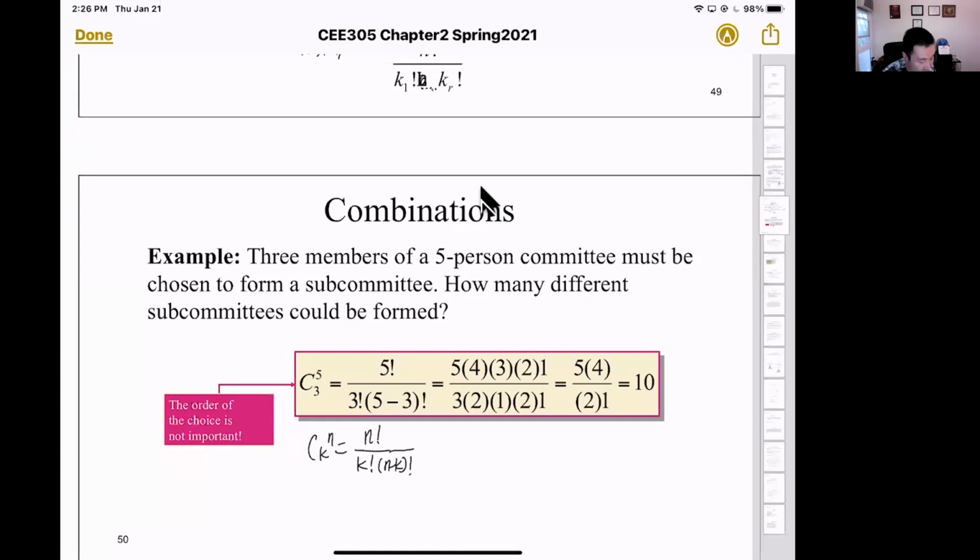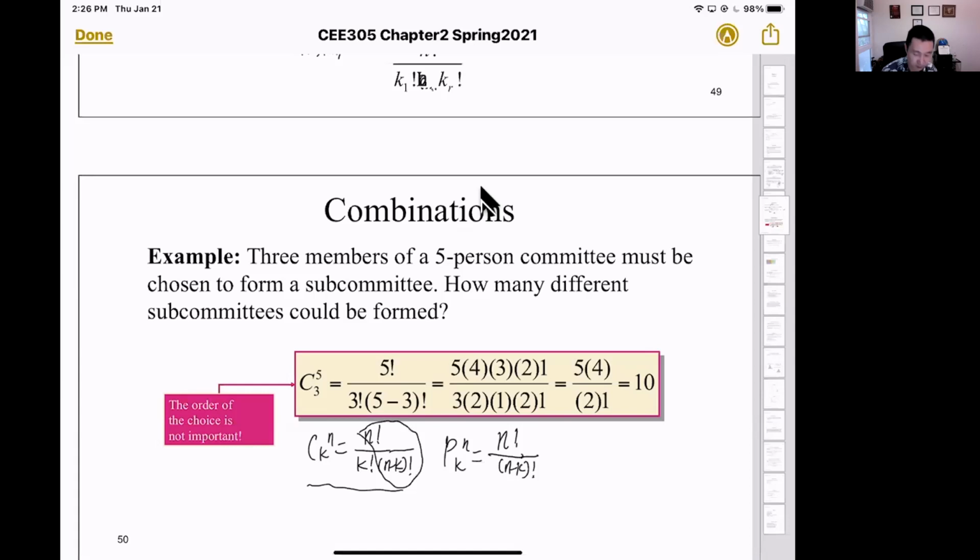Let's compare the equations for permutation and combination. This is C(n,k), and for P(n,k), it will be this: factorial of n over factorial of n minus k. We can see the equations are partly similar.